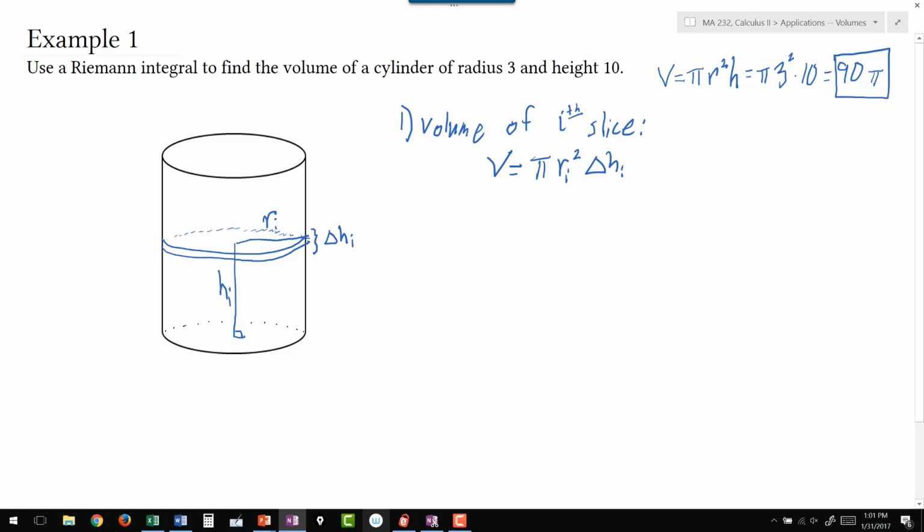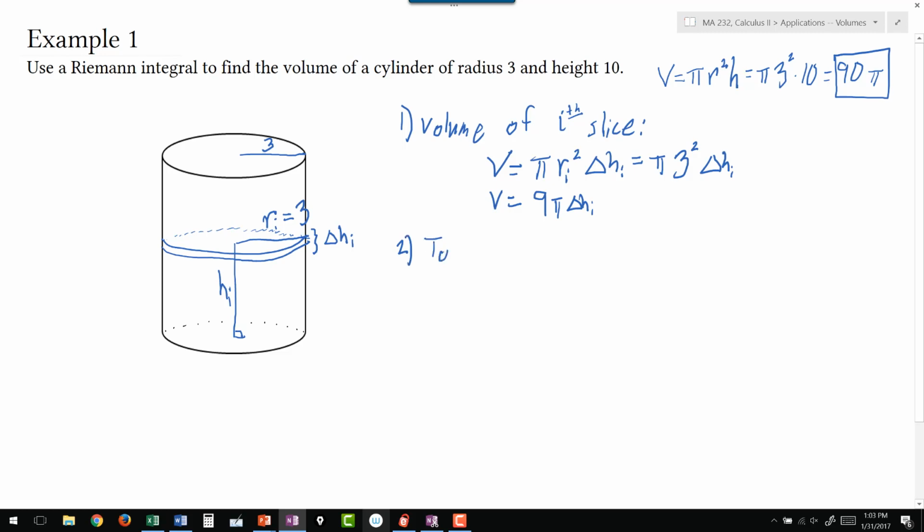Because our cylinder has radius 3, and that radius doesn't change, the radius of each of the disks is also 3. So this becomes pi times 3 squared delta h i, because r sub i is equal to 3, no matter which disk we are thinking of. So the volume of the ith slice or ith disk is 9 pi delta h i.